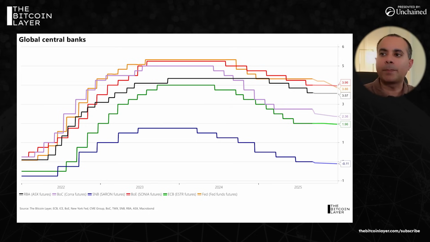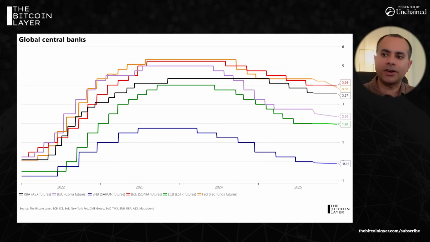In red, you have the Bank of England central bank rate. In lavender there, you have the Bank of Canada. In black, you have the Royal Bank of Australia. In green, the European Central Bank, and in navy blue, you have the Swiss National Bank. These are some of the major central banks from around the world.